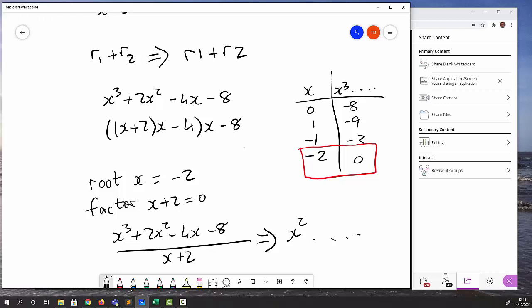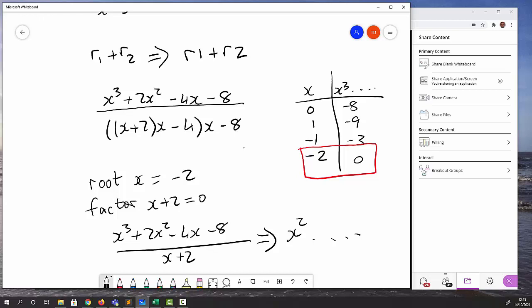Once I've got that, I can just use the equation or inspection or whatever, and that then means I will get the 3 factors of this cubic equation. Any questions on that? Because that's how you'll deal with question 5 on the tutorial. Obviously, if you do have questions, bring them along to the tutorials.